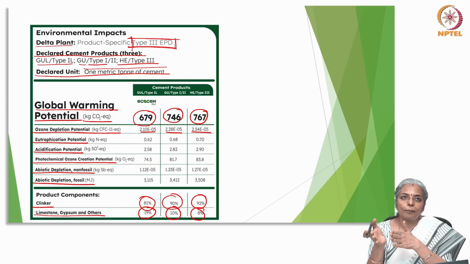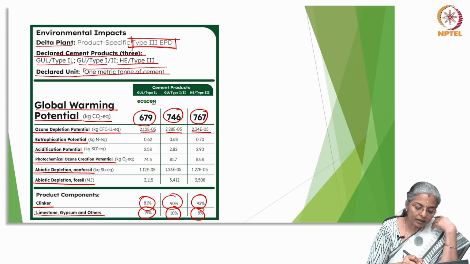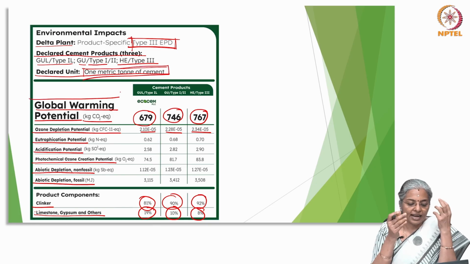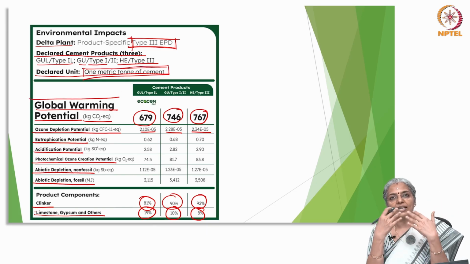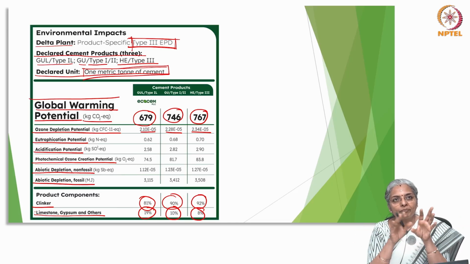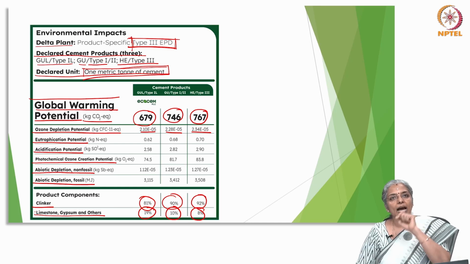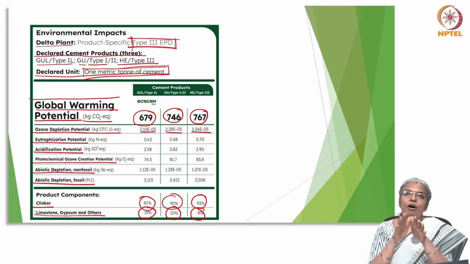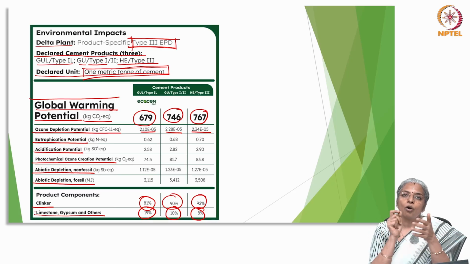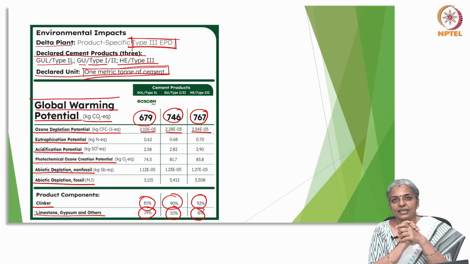How much is the component per 1 metric ton of cement, and what all are the environmental aspects that are declared? So, all of this is shown in the environmental impact endorsement, which I said is given either as a handout or it is pasted on the product or it is inscribed on the product. It can be done in any of the ways.